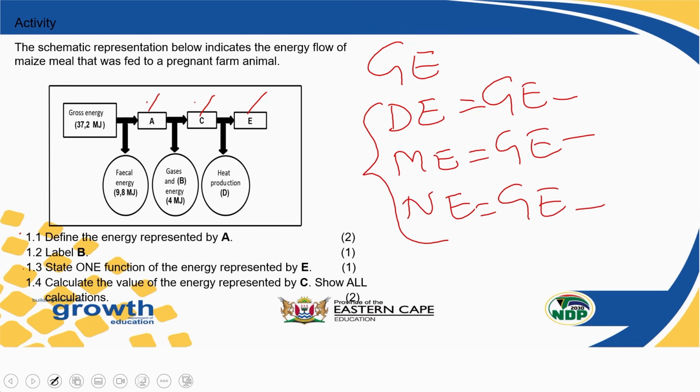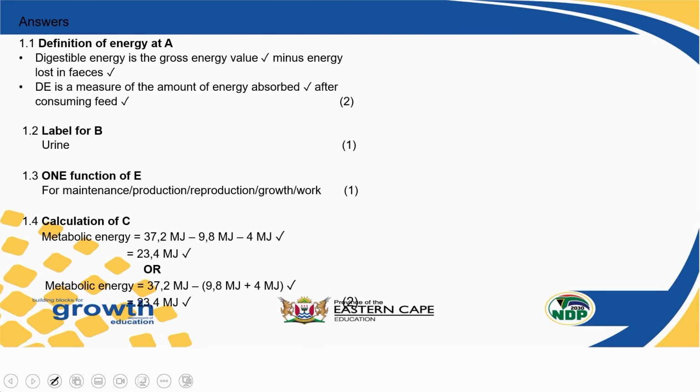The definition of energy: A, digestible energy is the gross energy value minus energy lost in feces. Or digestible energy is a measure of the amount of energy absorbed after consuming a feed. So the label there, which has got a space, we said urine and gases. 1.3, one function of E, it is for maintenance, production.